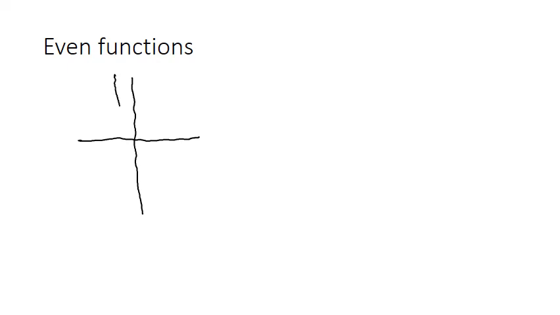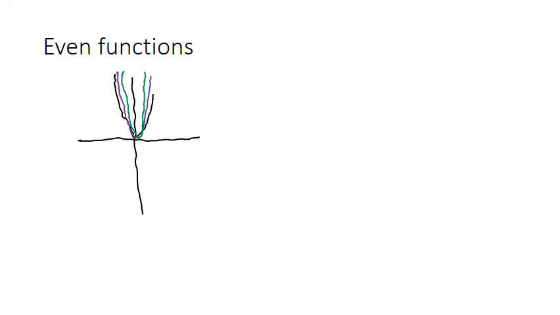X squared is going to look something like this. X to the fourth is going to look something like this. X to the sixth is going to look something like that.